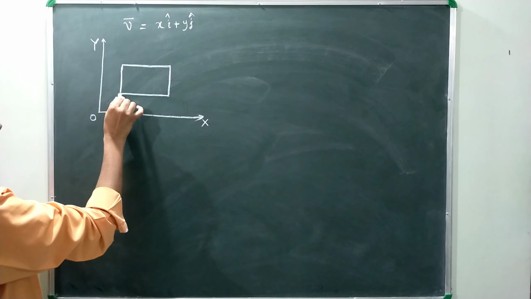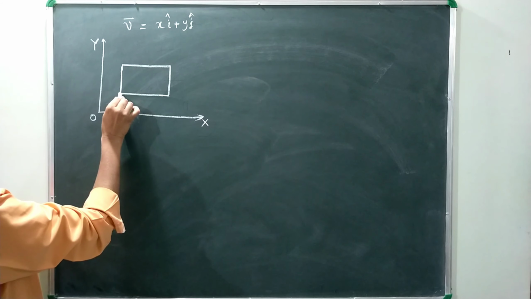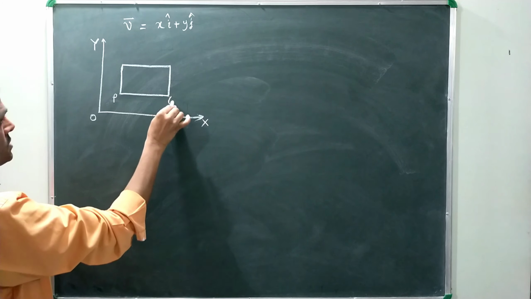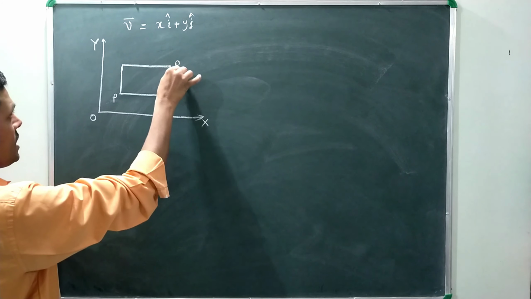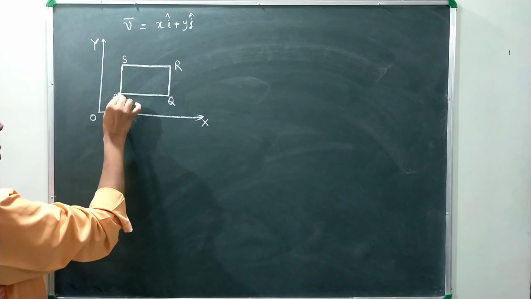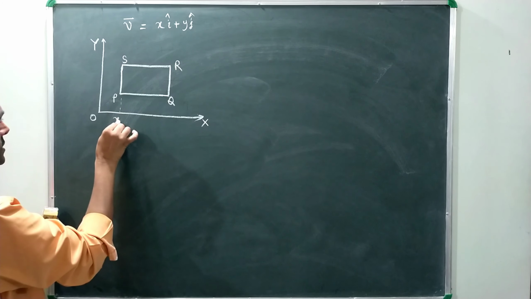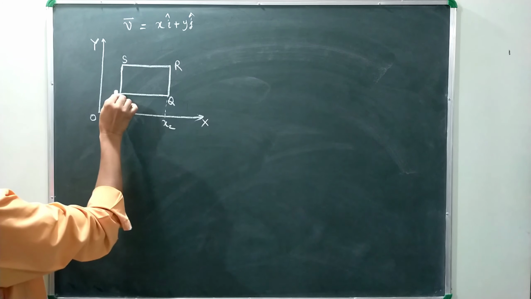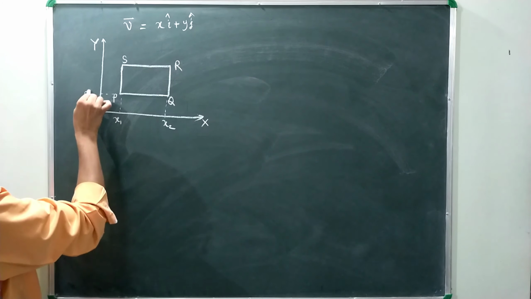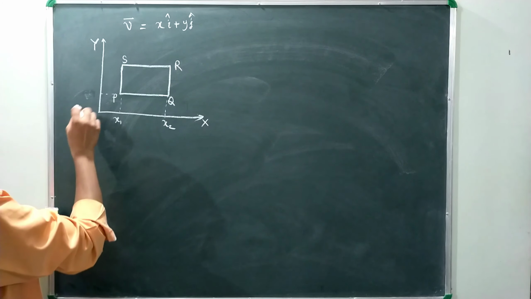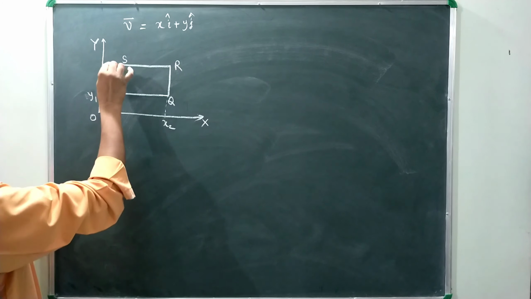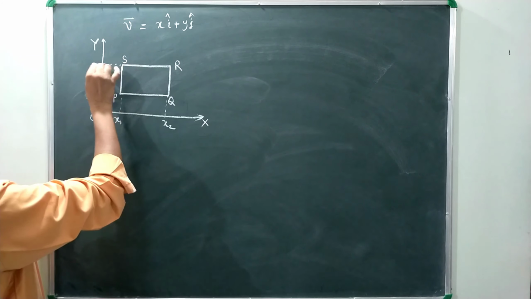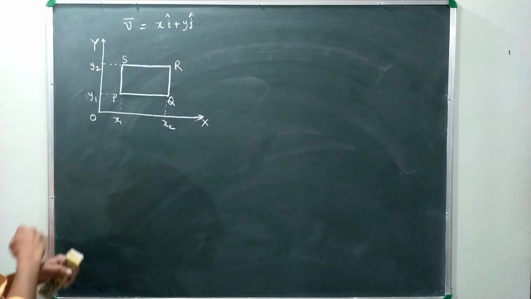Say this point is P, this is Q, this is R, and this is S. Assume that this point is x1, this point is x2, this point is y1, and this point is y2.